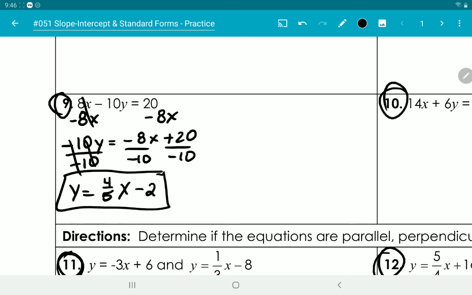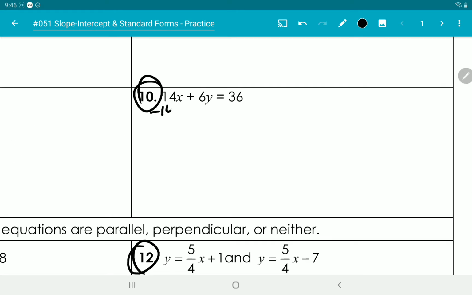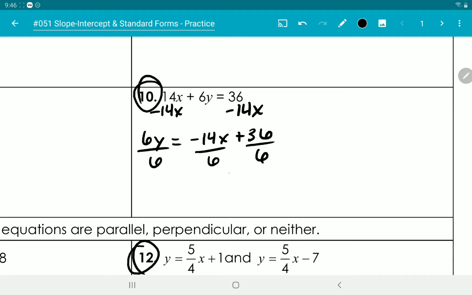Okay? So again, you're trying to solve for y, and you want the x term first on the other side. So we'll subtract 14x on both sides. So it's going to leave us with this 6y on this side. We're going to leave the 14x first, and then this 36 is still here. And now we have to divide everything by 6 in order to get y equals.